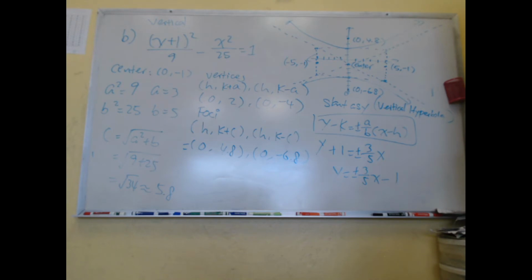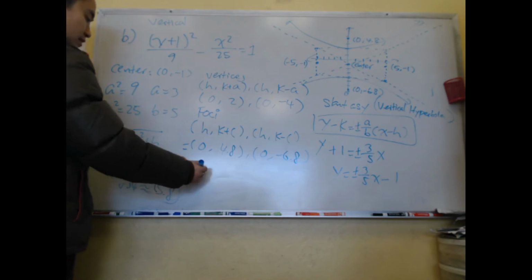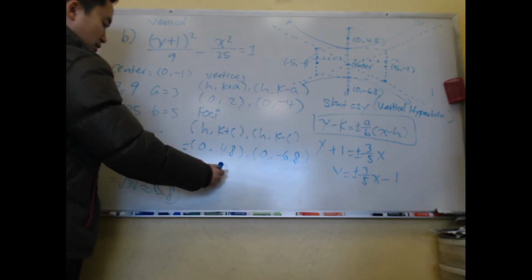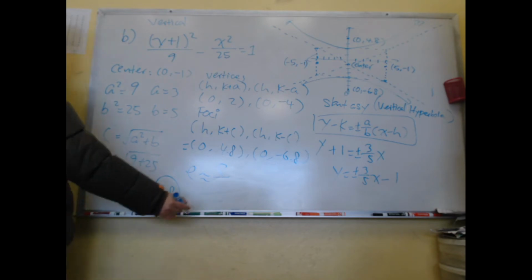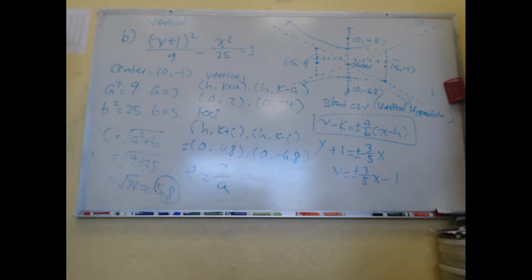Is that going to be a over c or b over c? It's going to be the other way around. The c is the greatest value. So eccentricity for this one is c over a. Right? c over a.